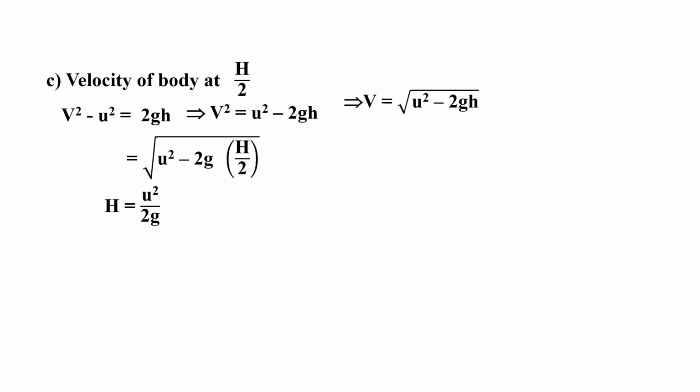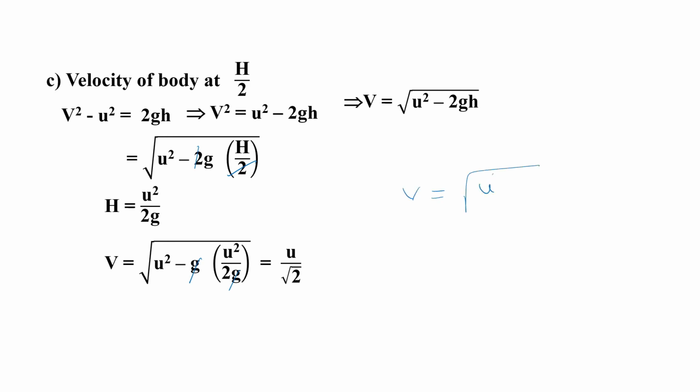Here the first 2 cancels, then v is equal to root of u square minus g into u square by 2g. g cancels, so v is equal to root of u square minus u square by 2. So here taking LCM, root of 2u square minus u square by 2.